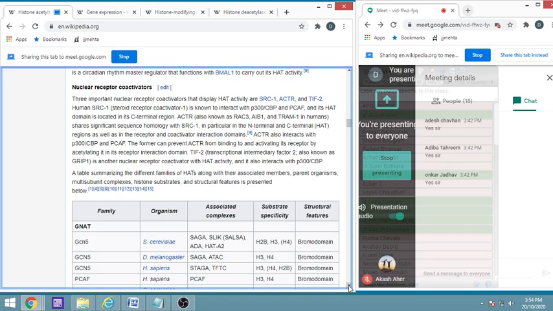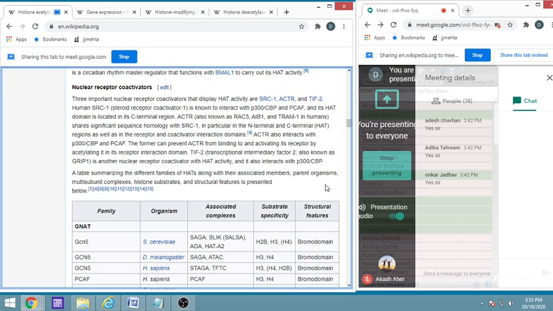SRC1, that means steroid receptor co-activator 1, is known to interact with other proteins, and they act at one place or another to regulate gene expression in a proper manner. So this is how these agents act.